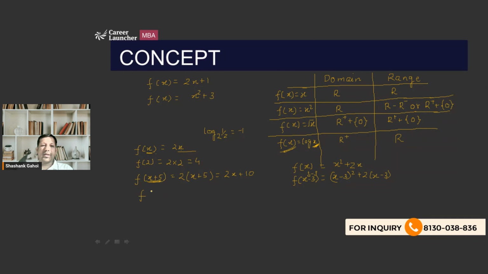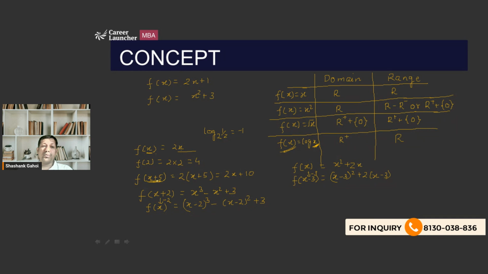If I have f(x plus 2) equal to x cube minus x square plus 3, and the question asks for the value of f(x), what is the approach? I have to decrease x plus 2 by 2 so that I get x. So I replace x by x minus 2. It is going to be (x minus 2) whole cube minus (x minus 2) whole square plus 3, and that's what we get from here.